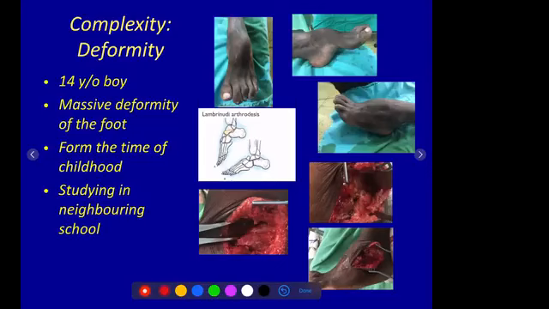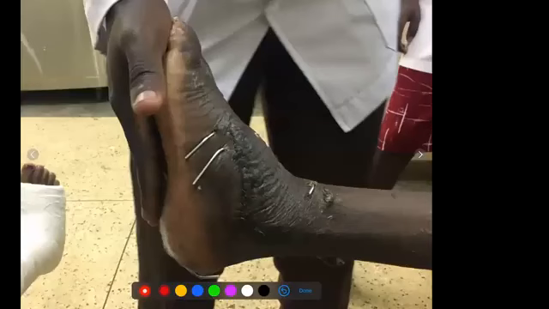It's kind of like a modified triple, where you take a big chunk of the talus, and then you dorsiflex the foot. So that is us opening, we've taken the chunk of the talus, we've dorsiflexed the foot. I don't have the x-rays, unfortunately, but that's the result.